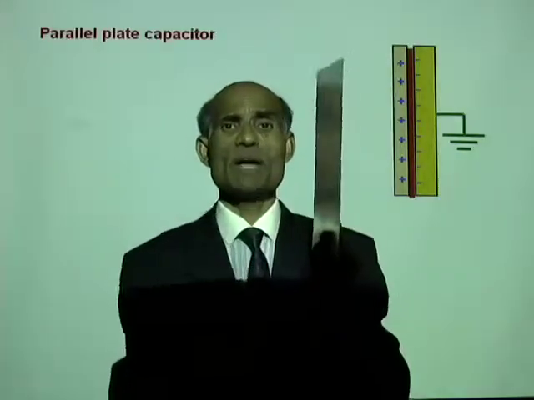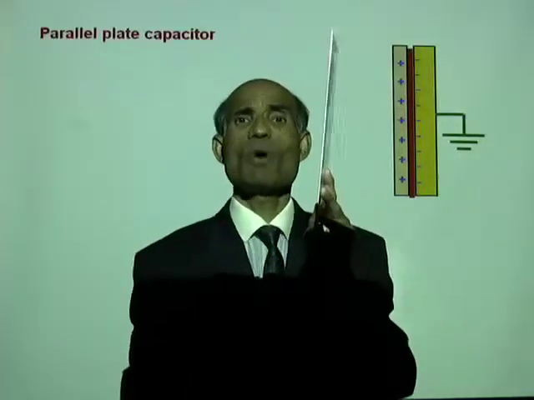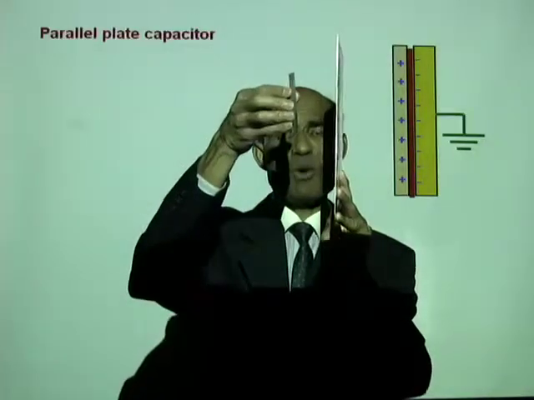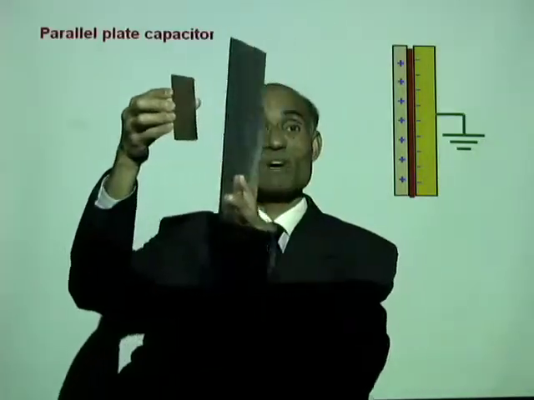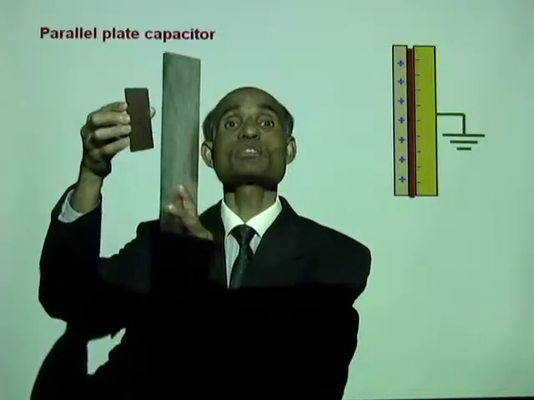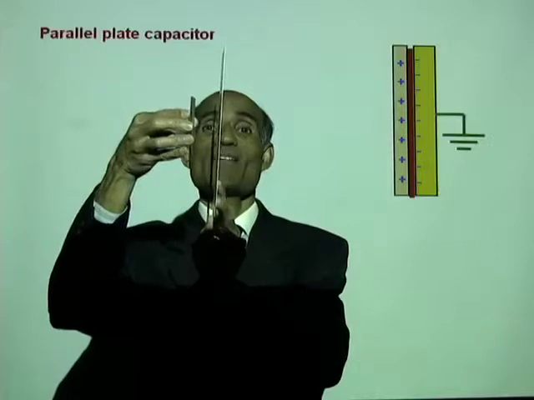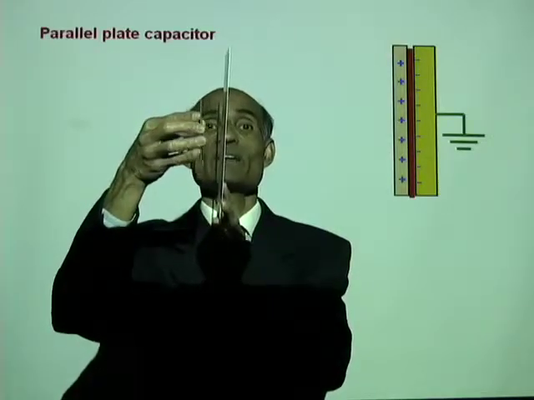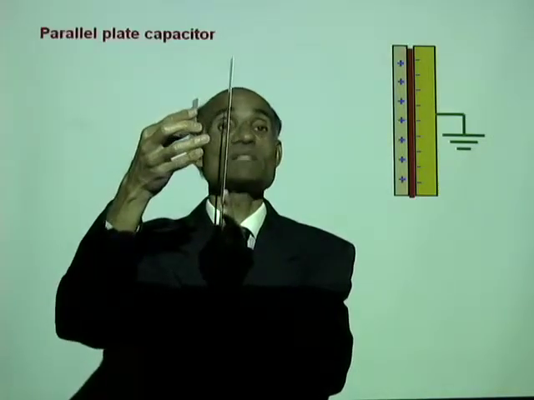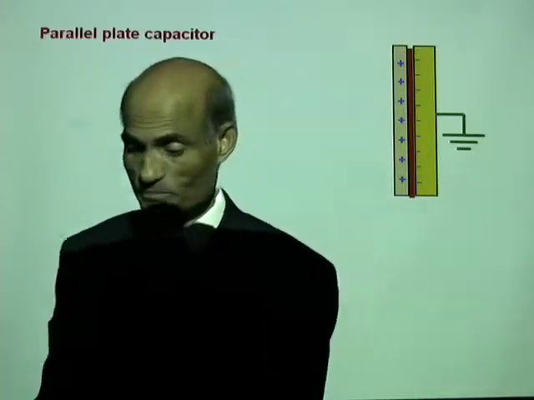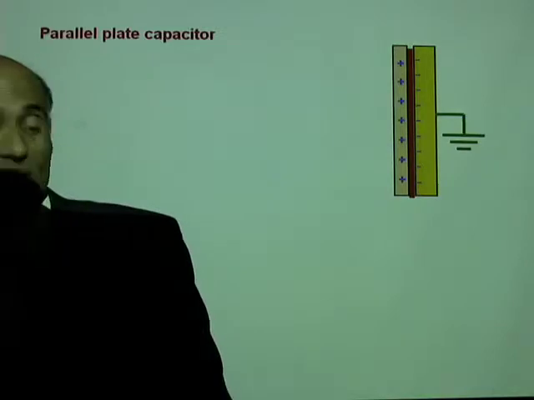Here I have a metal plate, and if I have one more of these, I couldn't find one like this, so I brought a small one. But remember, the plates of a capacitor both will be the same. So if one is charged and the other is grounded and the two are separated by a proper dielectric, we have a parallel plate capacitor.